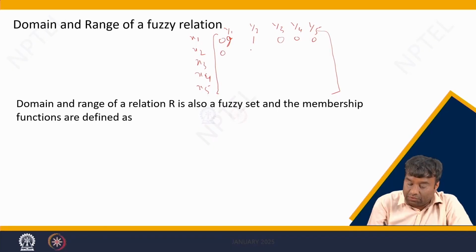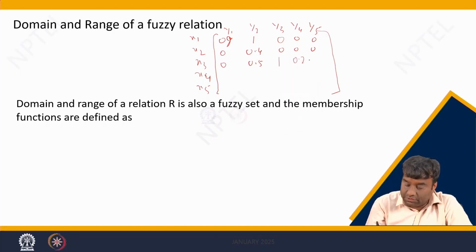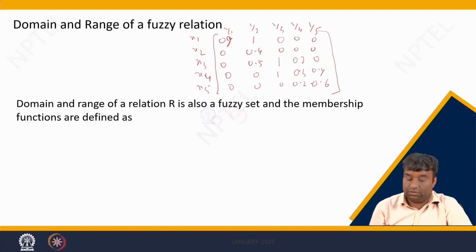Similarly the other rows contain values such as 0.4, 0.5, 1, 0.2, 0.3, 0.4, 0.2 and 0.6, with the rest 0.